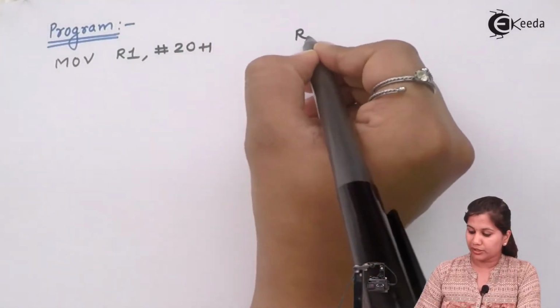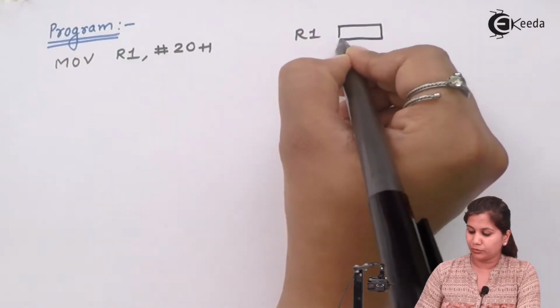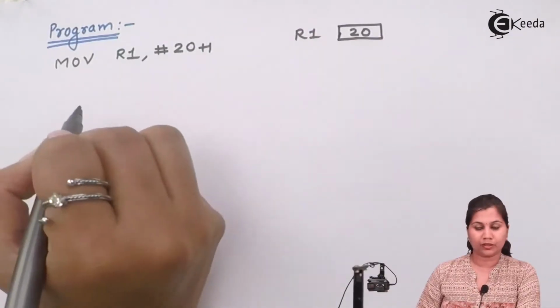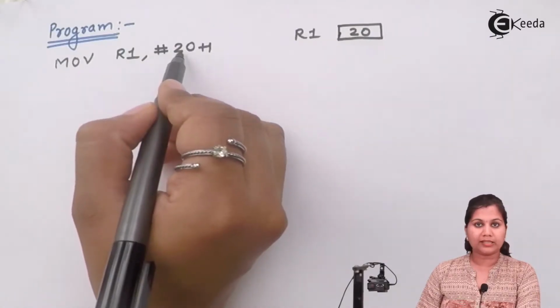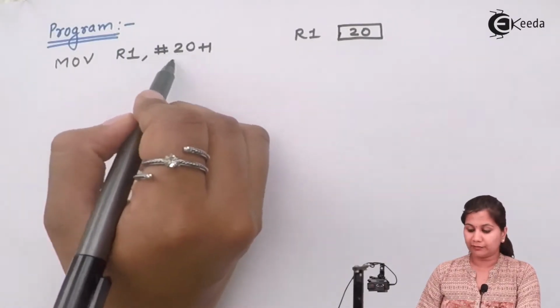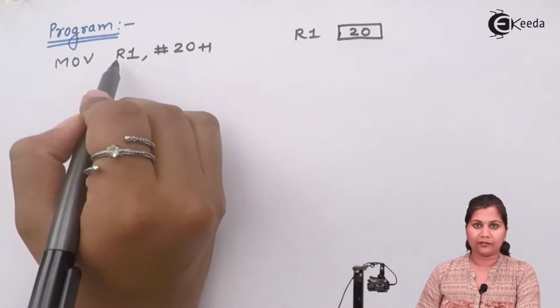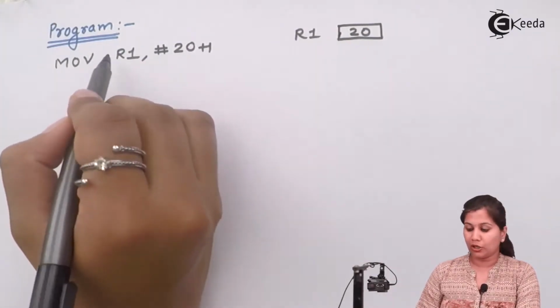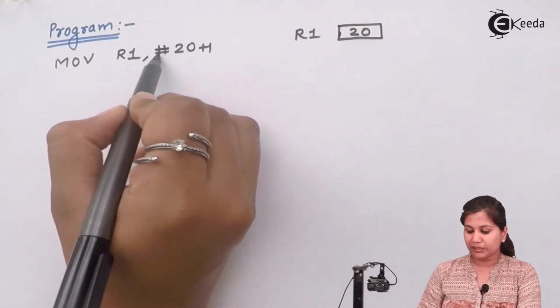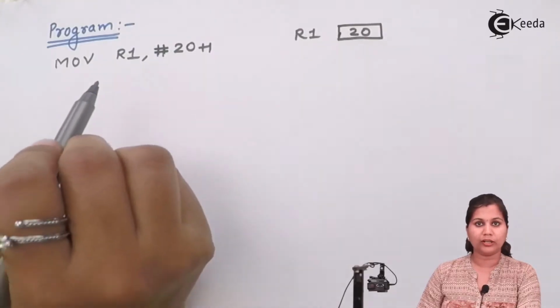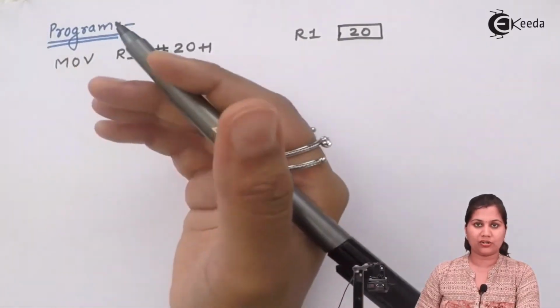So the R1 register will get the value 20. Immediate data means that whatever data is written here will be copied into R1. Immediate data is always represented with this symbol, and this is a type of immediate addressing.